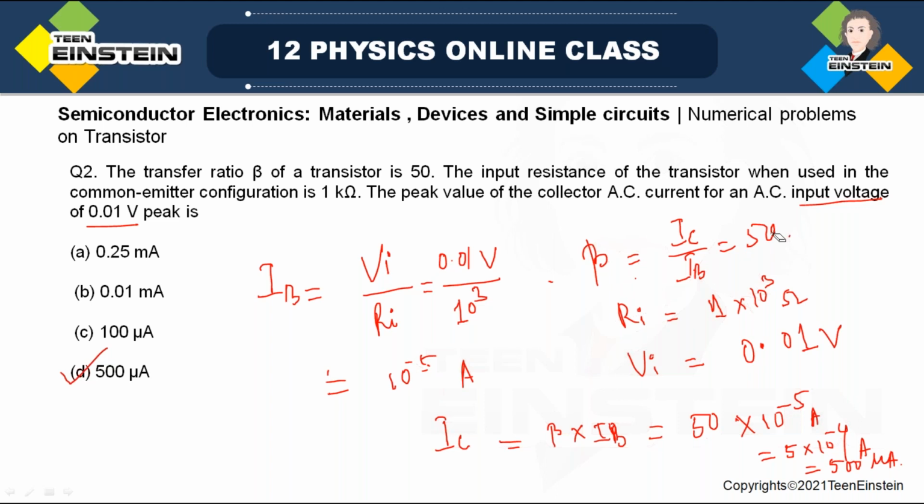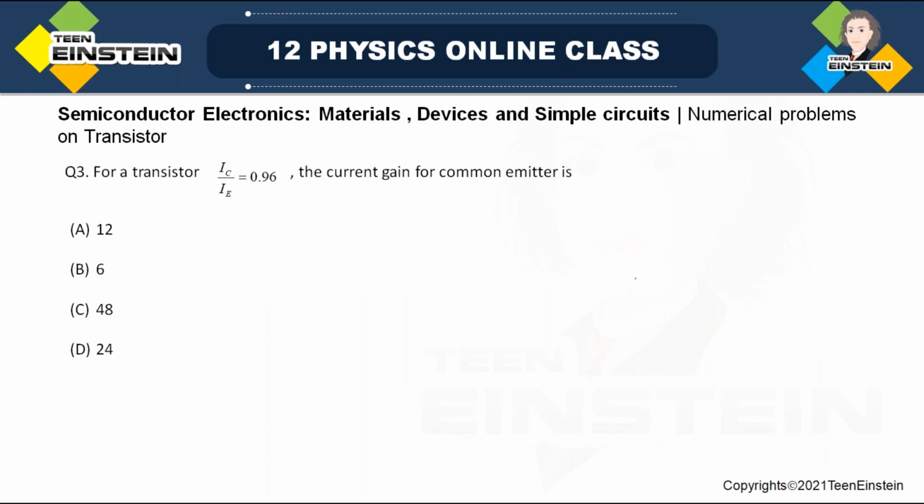So if I know IB, then it is easy to find out what is IC, because you are asked to find out the AC current in the collector, and the peak value of the AC current. So peak value will be this 500 microampere. All right, so let us go to the next problem.